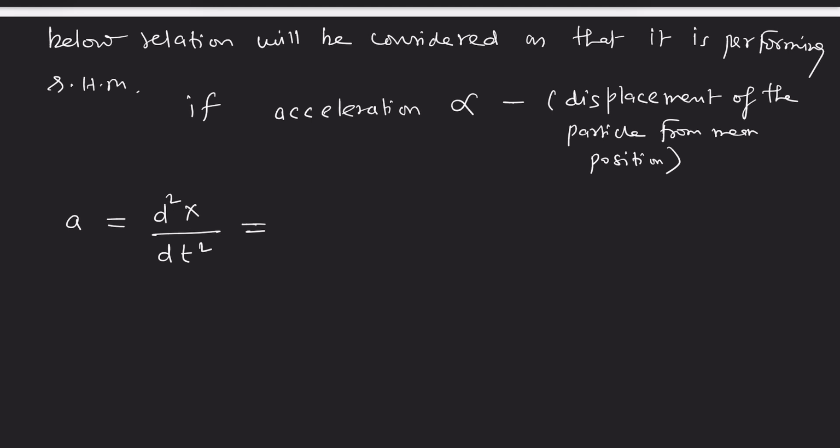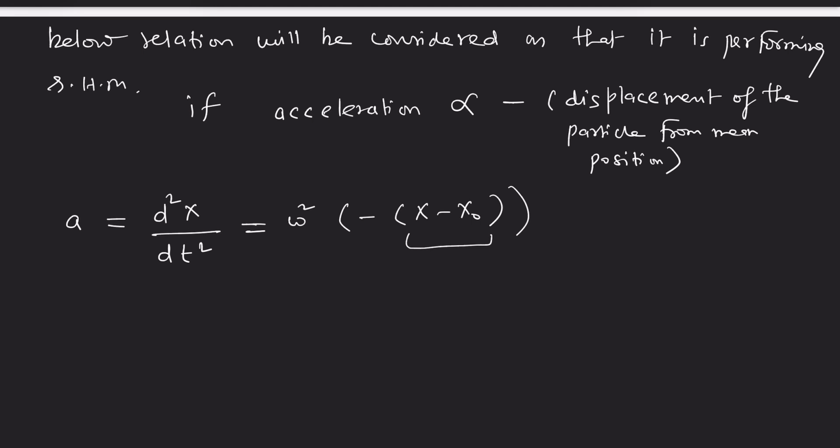and that should be equal to some proportionality constant into minus of x minus x naught, which is your displacement. Where x naught is the initial position, which is your mean position. That mean position we have said as x naught.